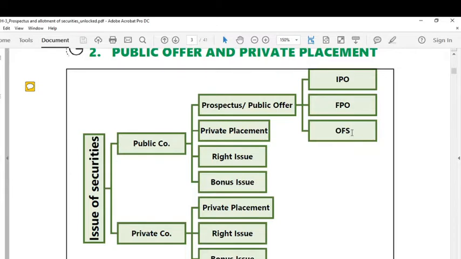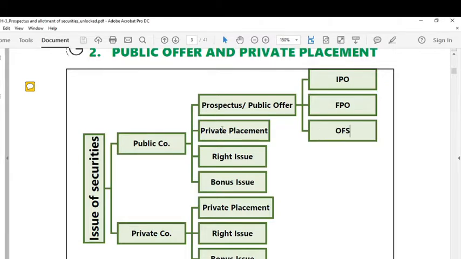Dear students, you need to understand the technical difference: IPO and FPO are the sale of shares by a company, and OFS is the sale of securities or shares by a shareholder through the company by issue of prospectus. This is the very simple difference a student has to understand clearly.